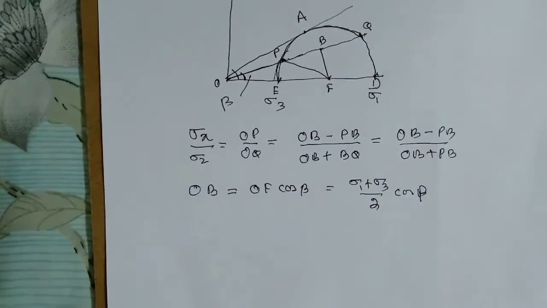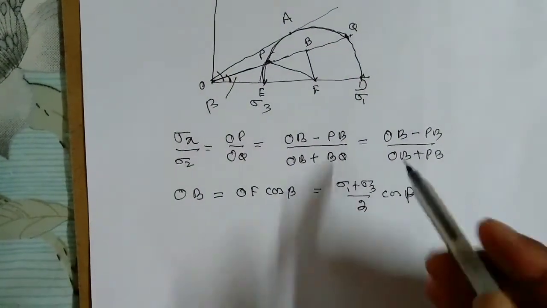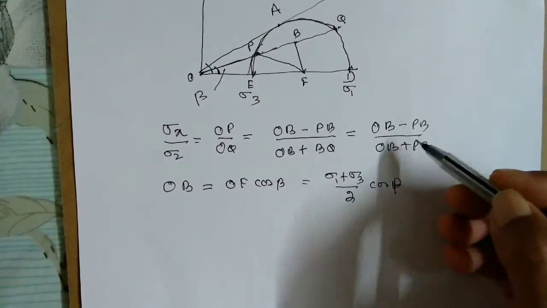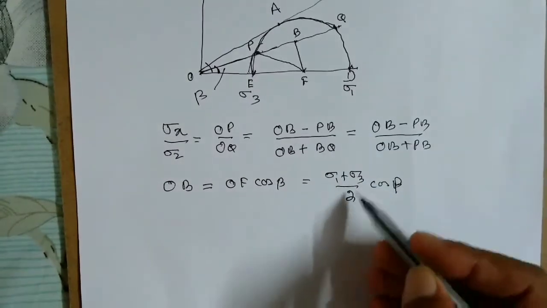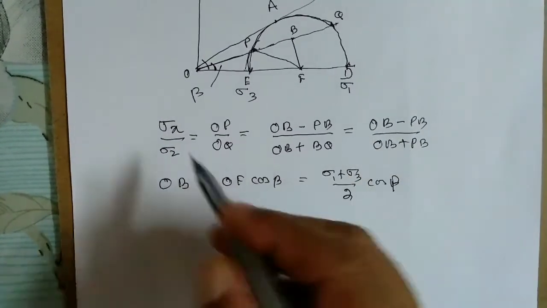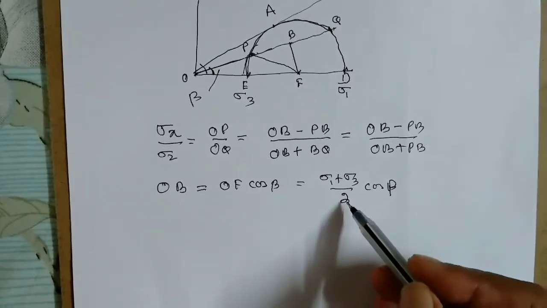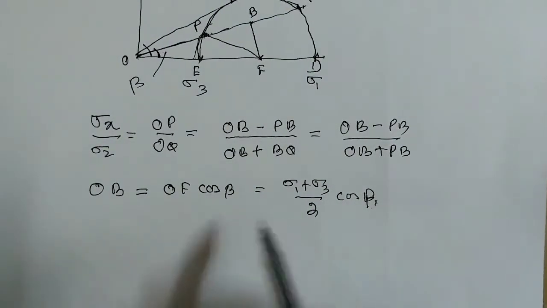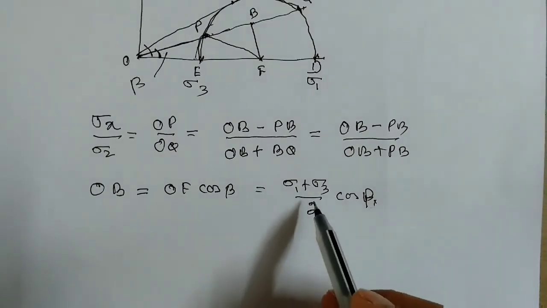Now what I want to say is that the ratio of the stresses will be in terms of the lengths of the lines, and the length of each line will in turn be expressed in terms of some stresses. Now OB has been expressed in terms of sigma 1 and sigma 3.